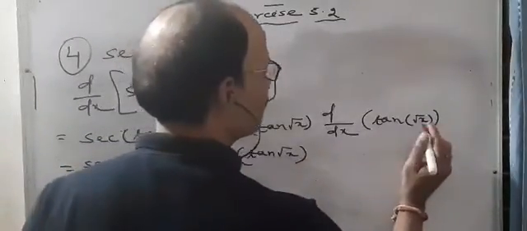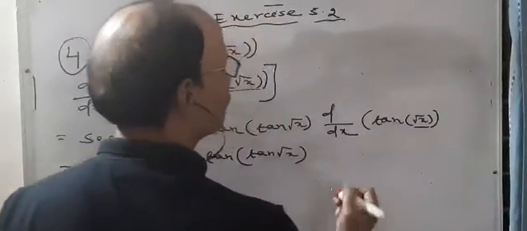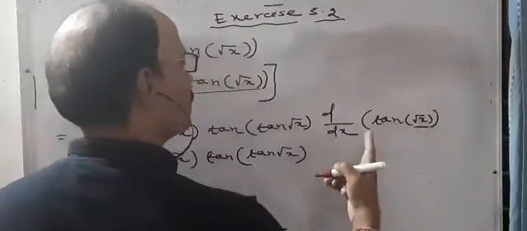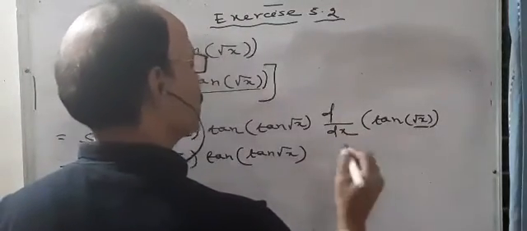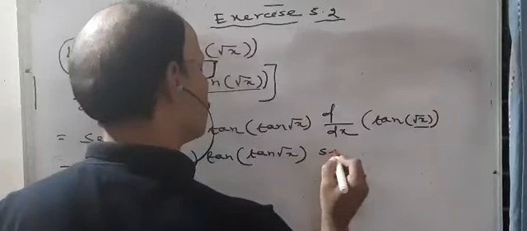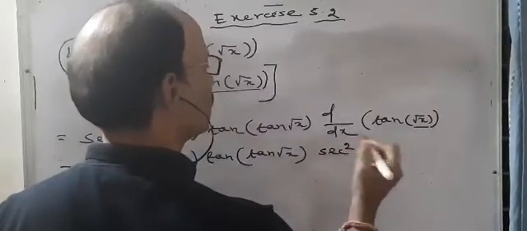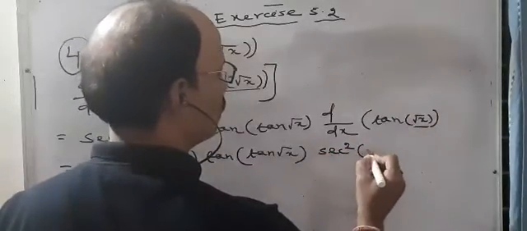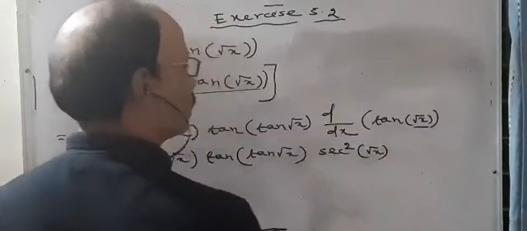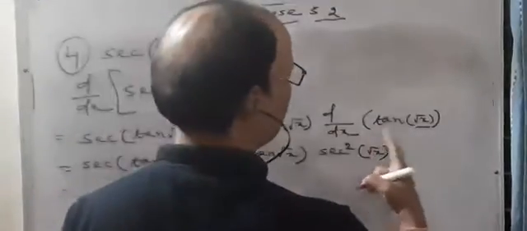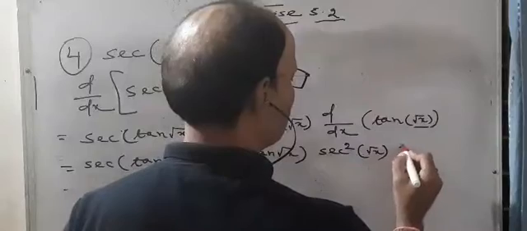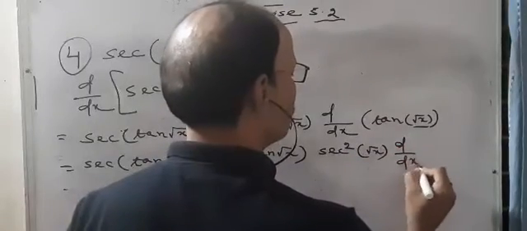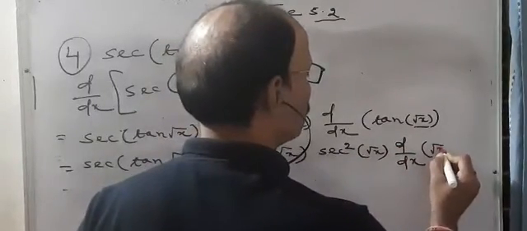Here it will be tan θ, so we take this as θ. What will be the differentiation of tan θ? It will be sec² θ. So here θ is √x, so sec²(√x). Then whatever is in the bracket, that is the differentiation of √x.